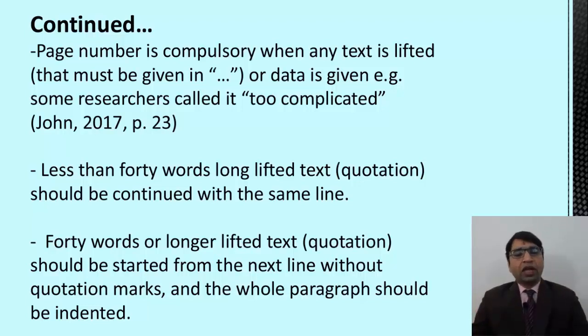But if there is a quotation which is 40 words or longer, in that case, it should start from the next line without quotation marks. And on the left, the paragraph should be indented. Give a tab over there, right?